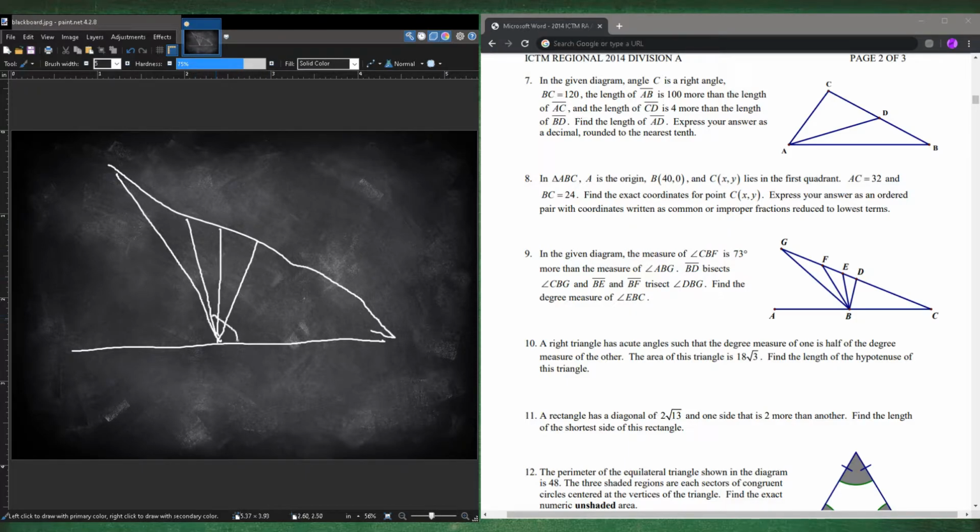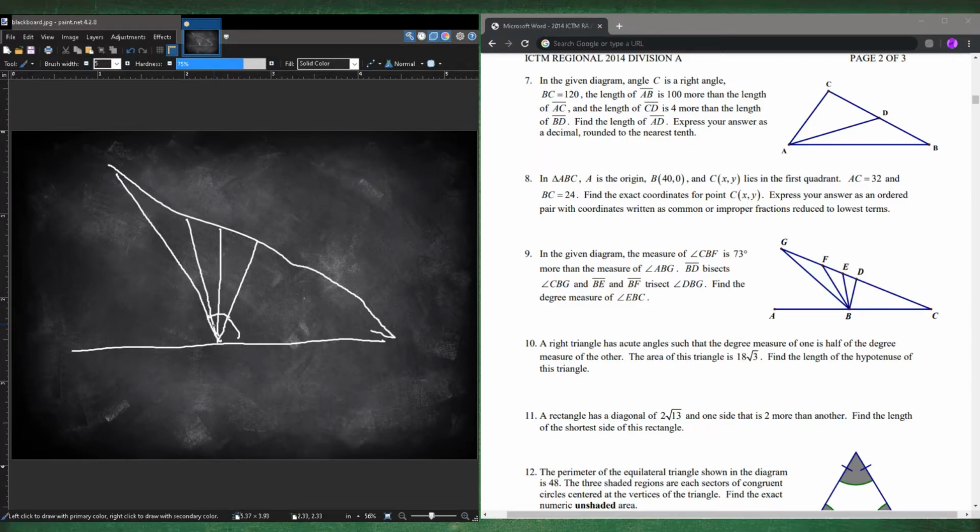So this entire angle is 73. It's 73 degrees more than ABG. And ray BD bisects CBG. Okay. So we know this angle is equal to this angle.